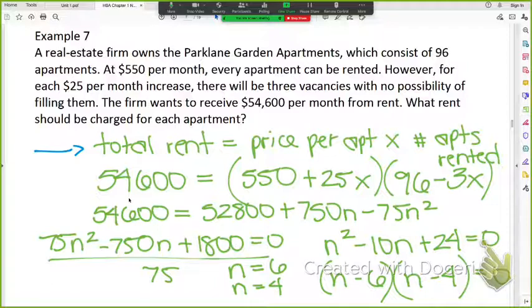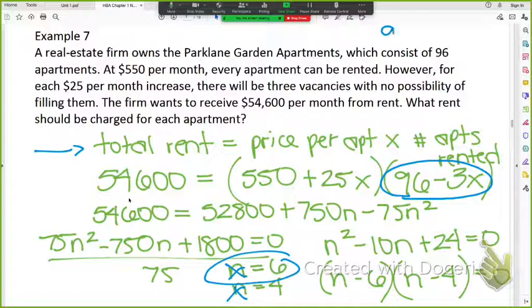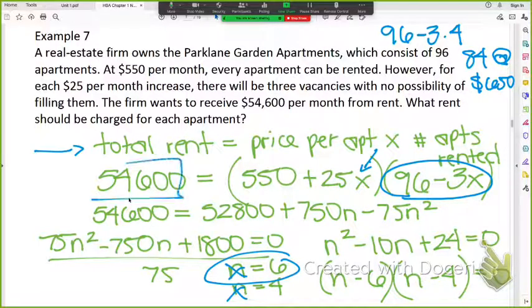So the 6, if I go back to x, or the 4, it's basically giving us, in a roundabout way, the number of apartments rented. So they're saying, if you did 96 minus 3 times 4, that's 96 minus 12 apartments. So if you rent out 84 apartments at a price of, plug in 4 here, 550 plus 100, 650, they get the rent that they want.